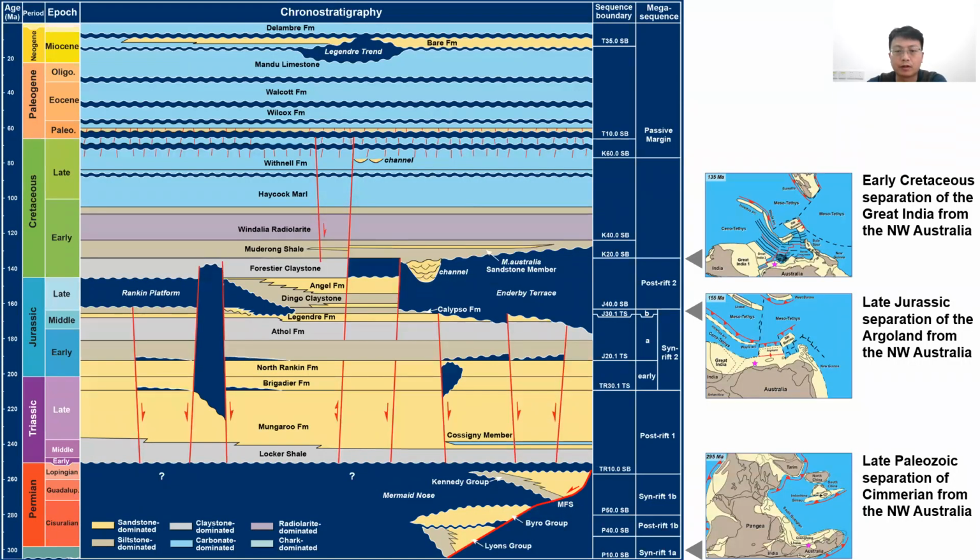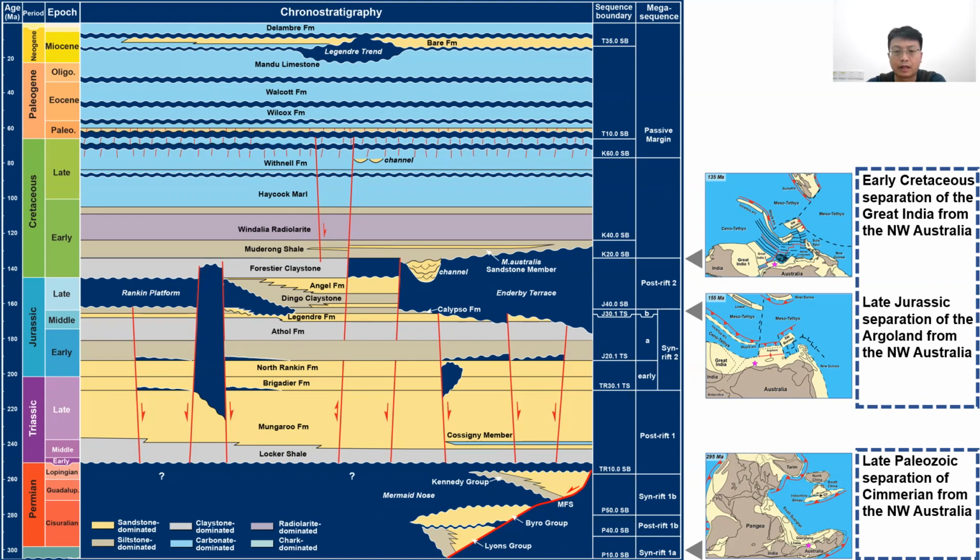The Northwest Shelf and Northern Carnarvon Basin have experienced 2 main stages of extension associated with continental breakup. The first started from the late Carboniferous to late Permian. This involved the separation of the Sibumasu from Northwest Australia.